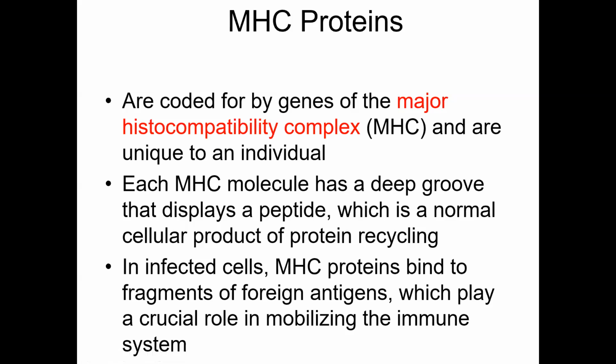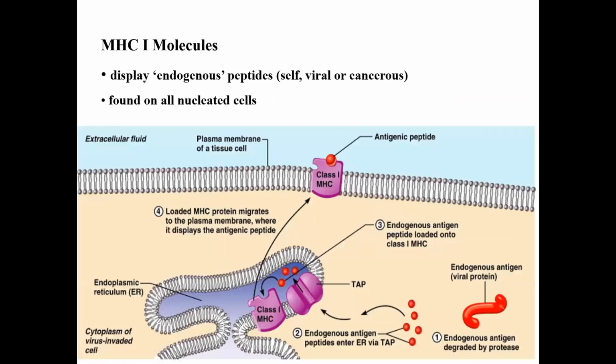This peptide is going to be stuck in the groove of the MHC protein or molecule, and then transported to the surface of the cell membrane. This gives you the MHC protein production process.